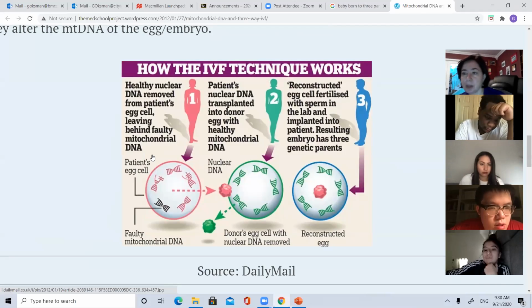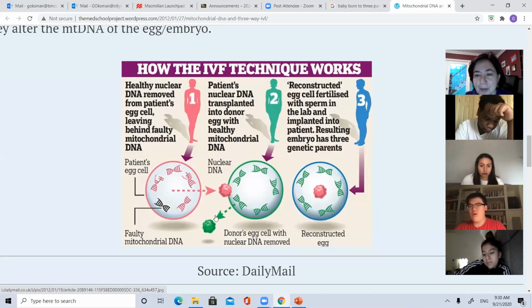She knows that she has a mutation in her mitochondrial DNA. So she produces egg cell, and what you can see, this is faulty mitochondrial DNA in her cell. Now, another woman donates her egg cell. So they leave the cell, but take out the nucleus and put the nucleus of the mother. So she's also considered the mother, but nuclear DNA definitely contributes more genes.